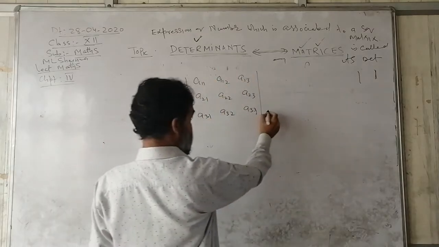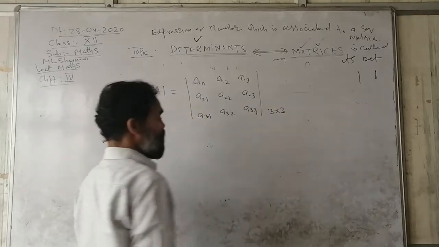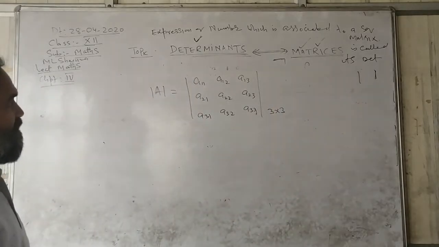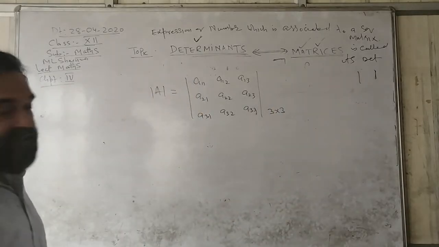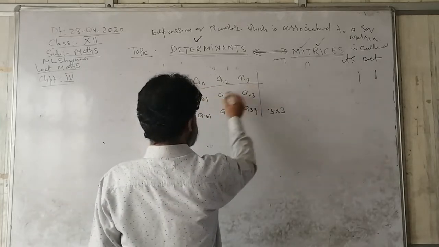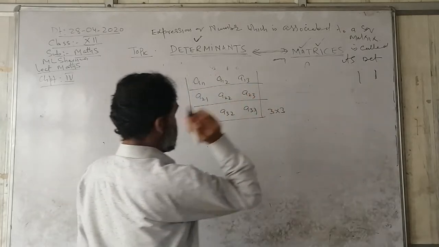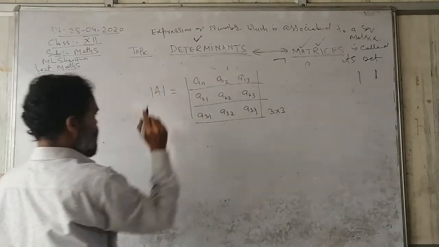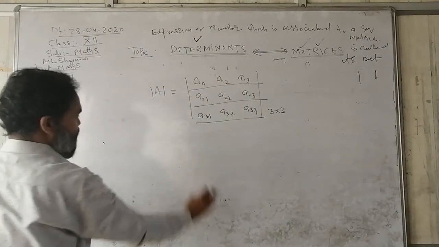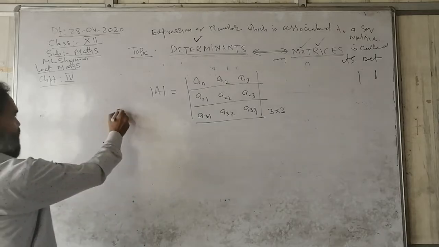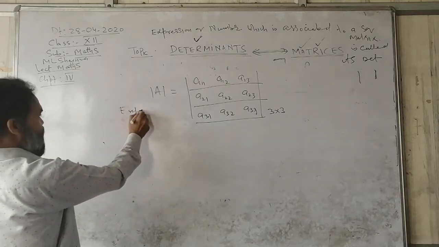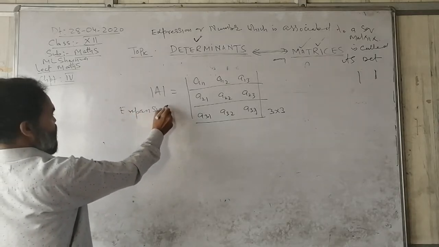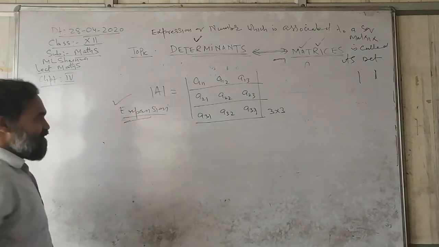So this is a determinant whose order is 3 by 3. That means this is having 3 rows and 3 columns. This is row first, second, third, and this is column first, second, and third. Now how will we expand this determinant?